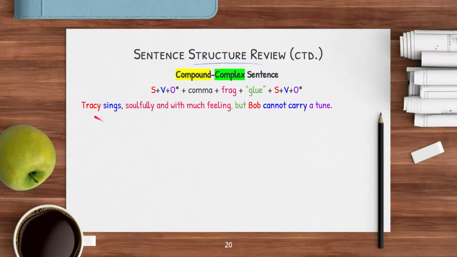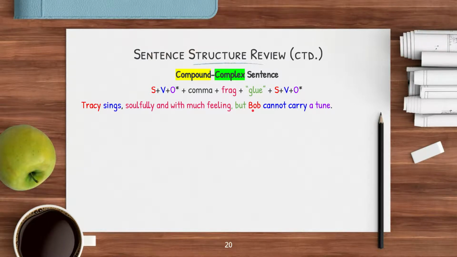For example, Tracy sings, comma, soulfully and with much feeling, comma, but Bob cannot carry a tune. Tracy sings is the first full sentence, comma, soulfully and with much feeling is that fragment. The glue holding all of this stuff together, right, is the comma and the conjunction word but.